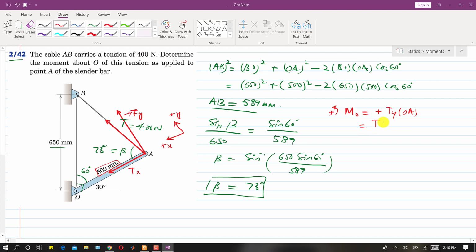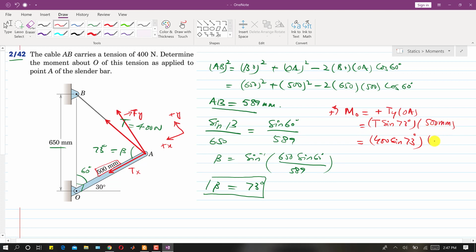T_y is T sine of 73 degrees into OA, and OA is 500 mm, right? So we can write it like this as well: T is 400 sine of 73 degrees.